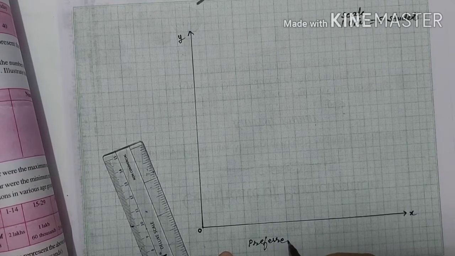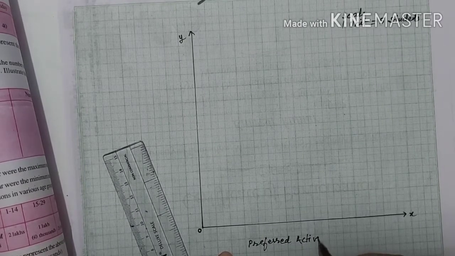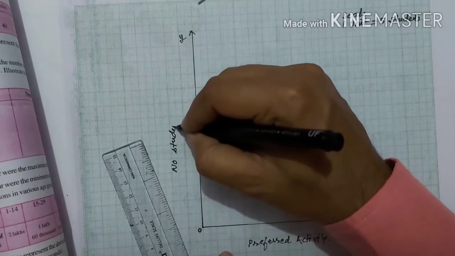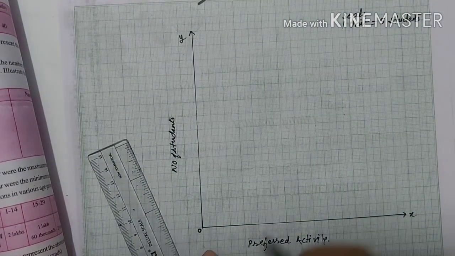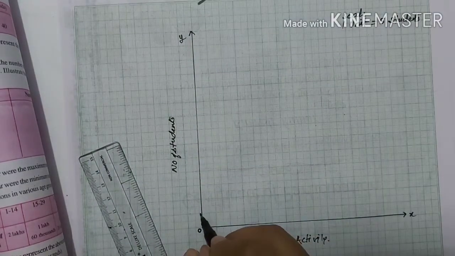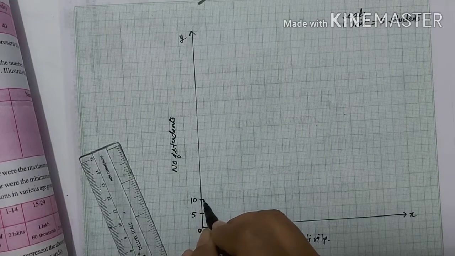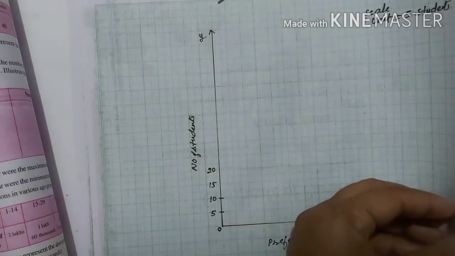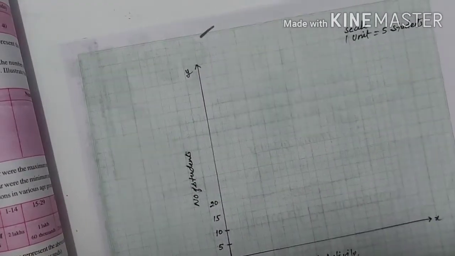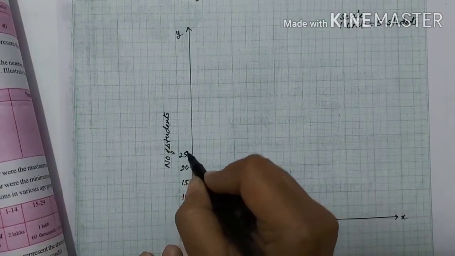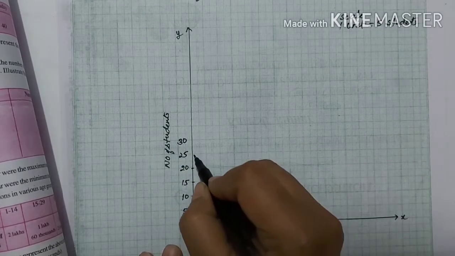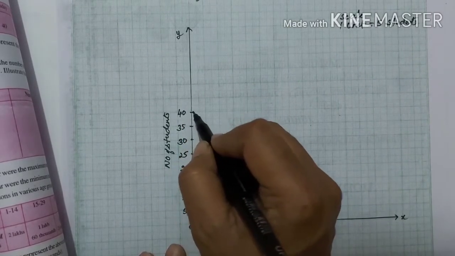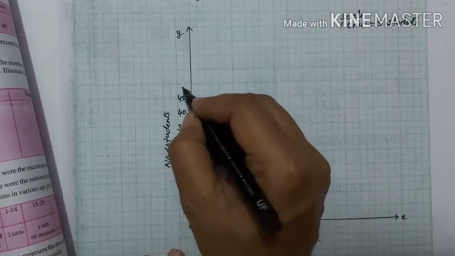And here we write the number of students who participate in each activity, and the scale is used for the number of students. Now the first square is 5, second is 10, next 15, 20, and next is 25, 30, 35, 40, 45 and 50.